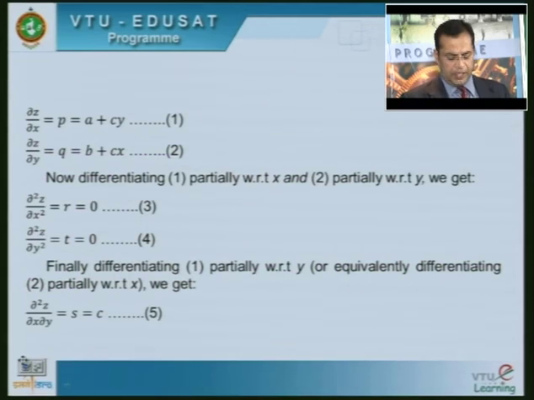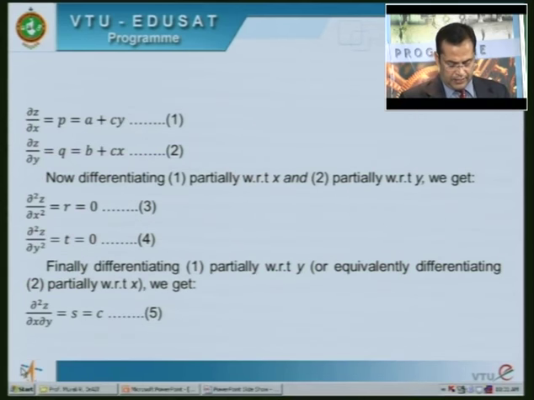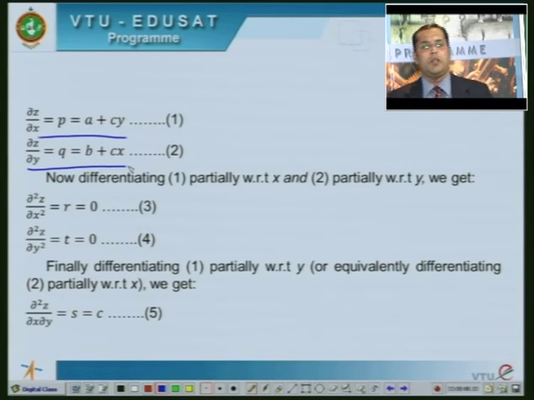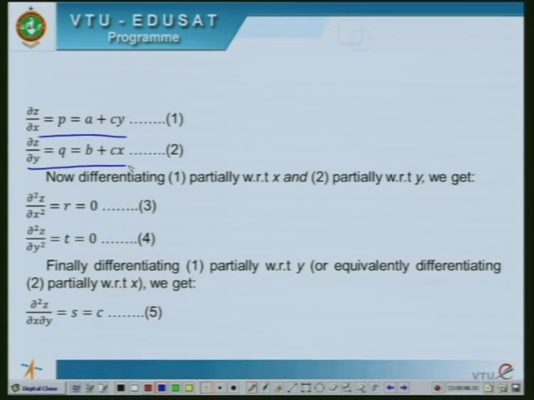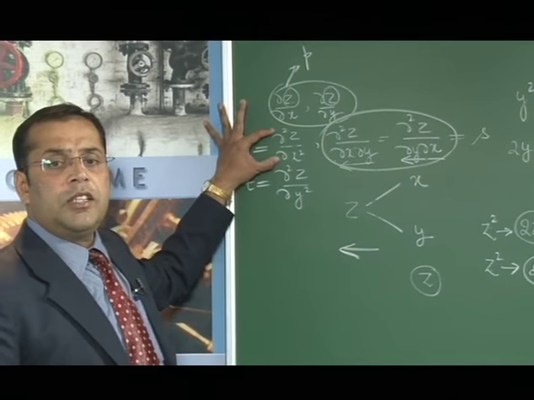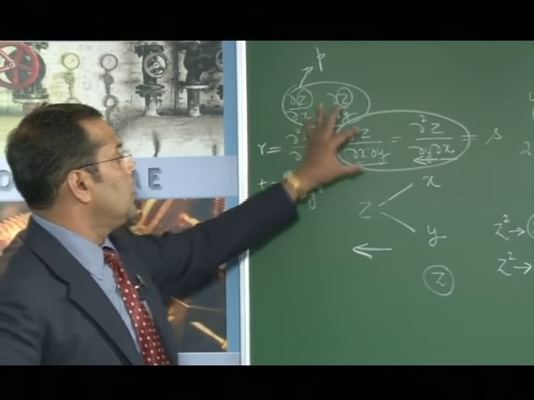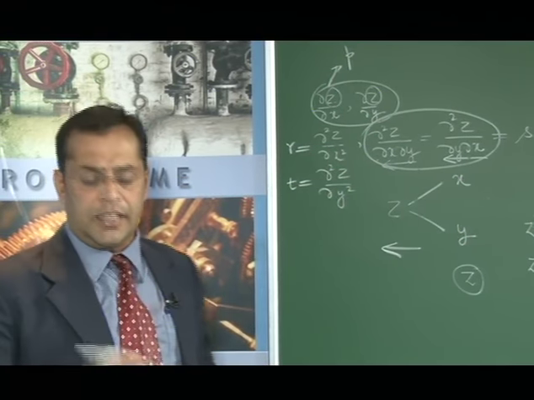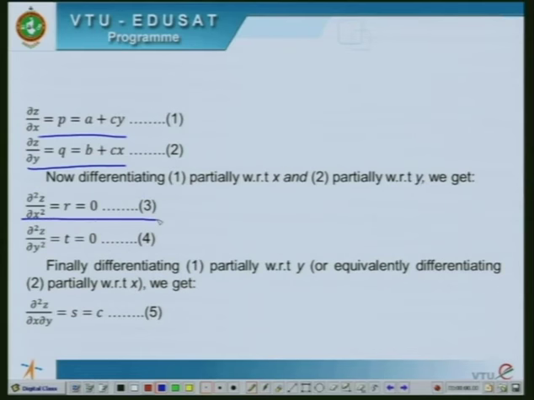As I told you friends, you can see the first order partial derivatives, dou z by dou x and dou z by dou y. Now, because you know that the PDE is of order 2, you are left with three more partial derivatives, which are dou square z by dou x square, dou square z by dou x dou y and dou square z by dou y square. So, let us calculate those things. Dou square z by dou x square is obtained by differentiating dou z by dou x again with respect to x.